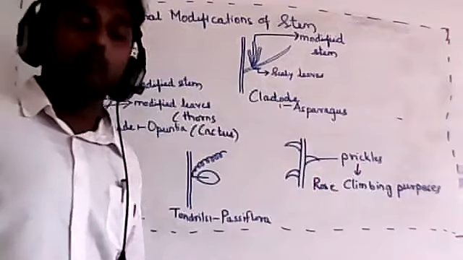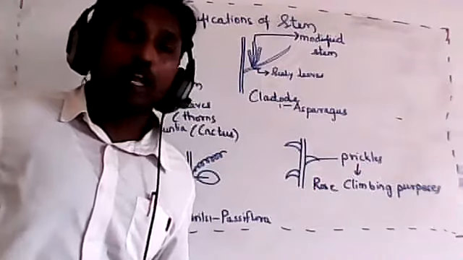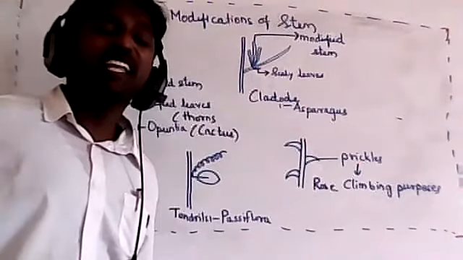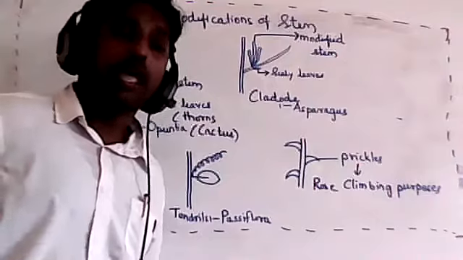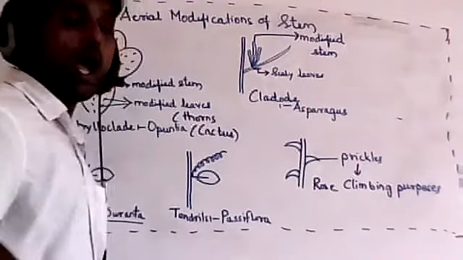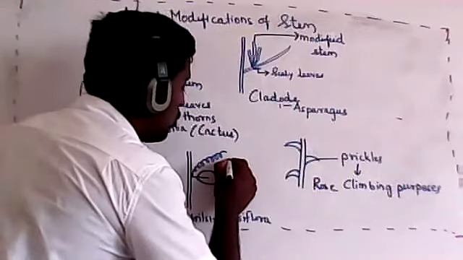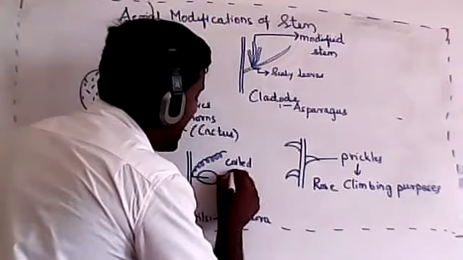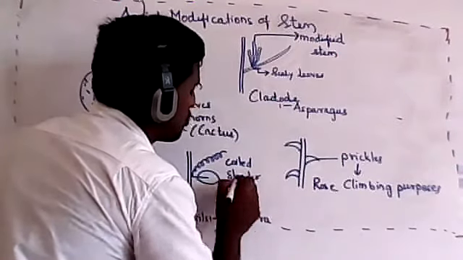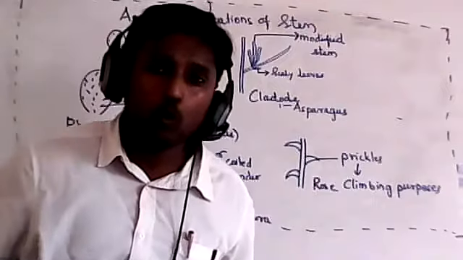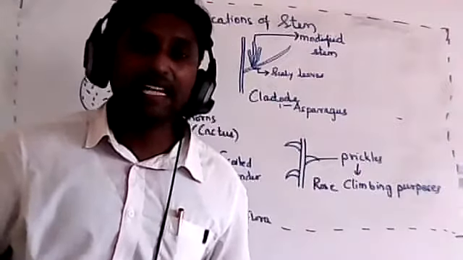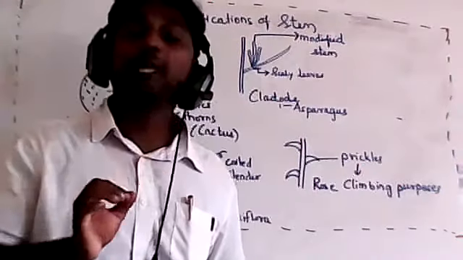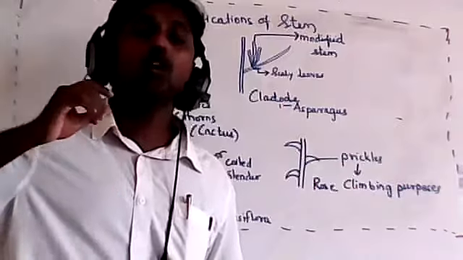Next type of modification is the stem. It arises from the axil of the leaves, and these stems are modified into coiled slender structures, which will help the plant to climb.